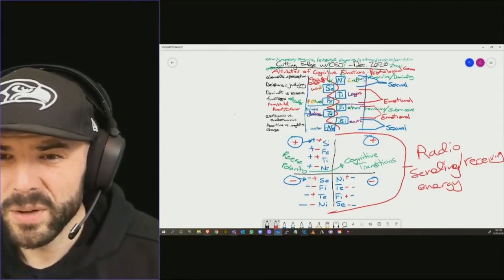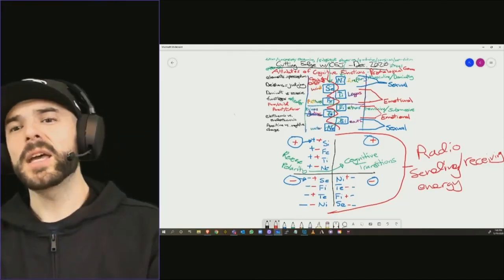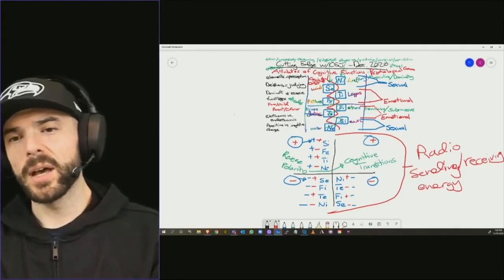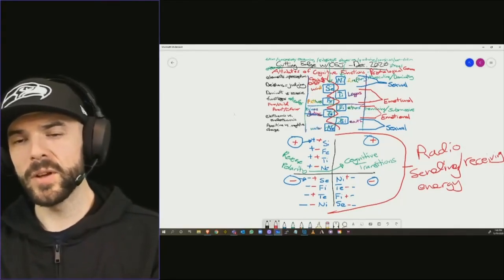So, let's see here. Focus changes based on how strong each cognitive gateway is. Yes, thicker cables. It's neural pathways. I've discussed this in earlier Cutting Edge episodes. It's neural pathways and developing neural pathways.